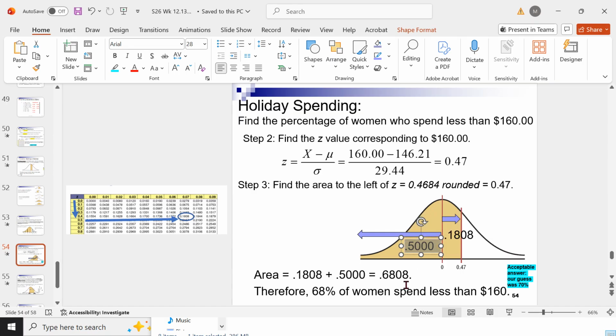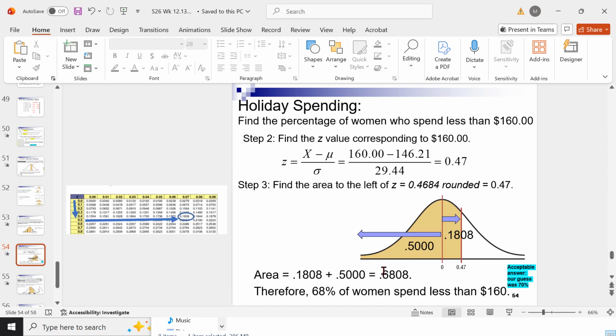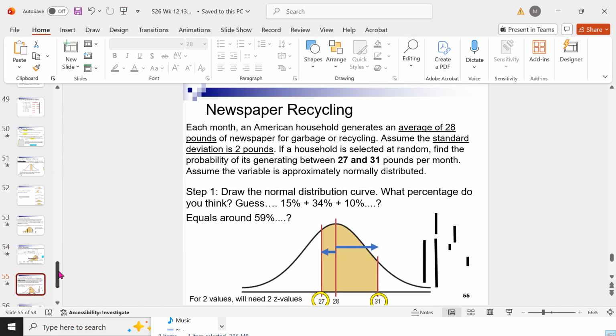When we're talking percentages, that's just the way it is. So the area here, 18% plus 50%, means that 68% of the women spent less than $160. Okay, 68%. You remember we were looking for somewhere around 70. Bingo. Good answer. Okay, let's try another one here.